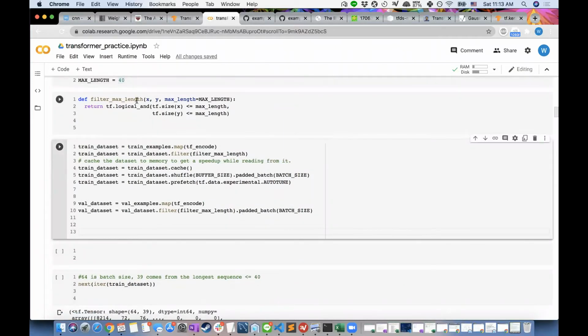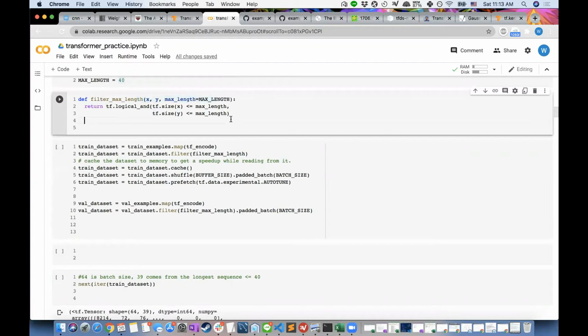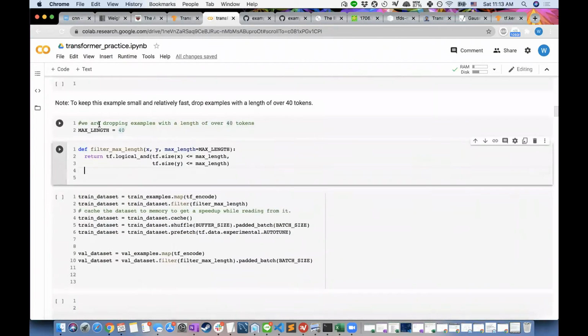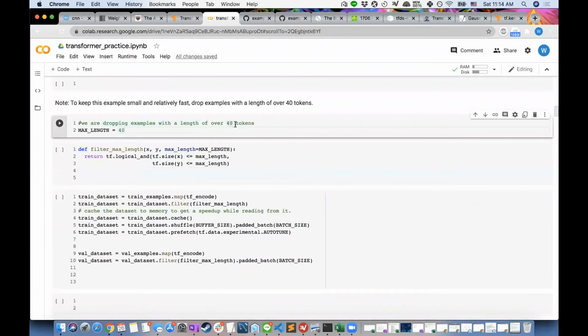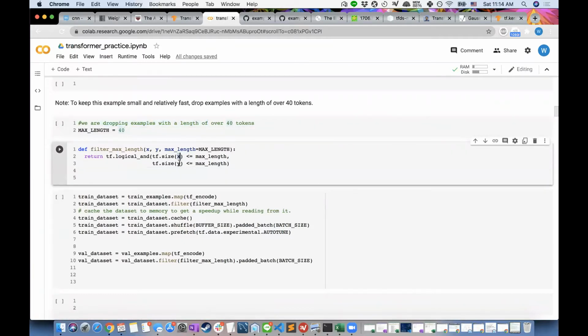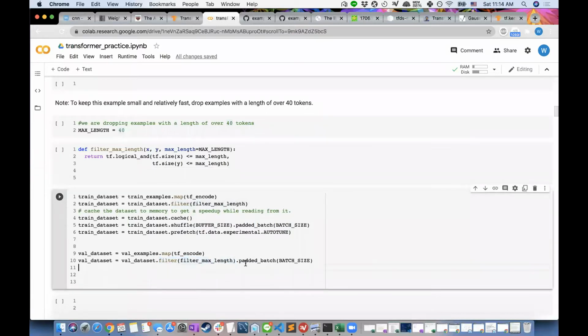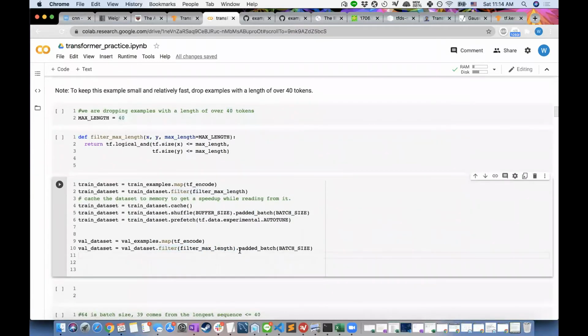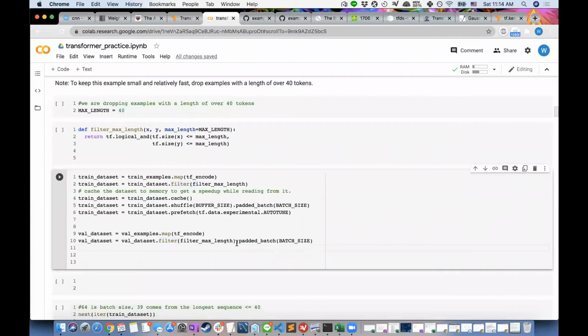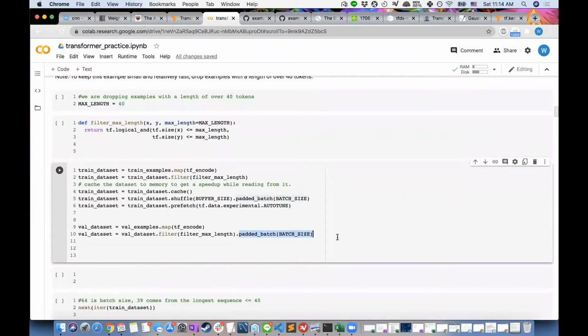I believe this is filter, right? So we want to filter out, dropping the examples with a length of over 40 tokens. So if x is smaller than or equal to 40, we keep that. And that's the padded batch, and you just batch it with the batch size.